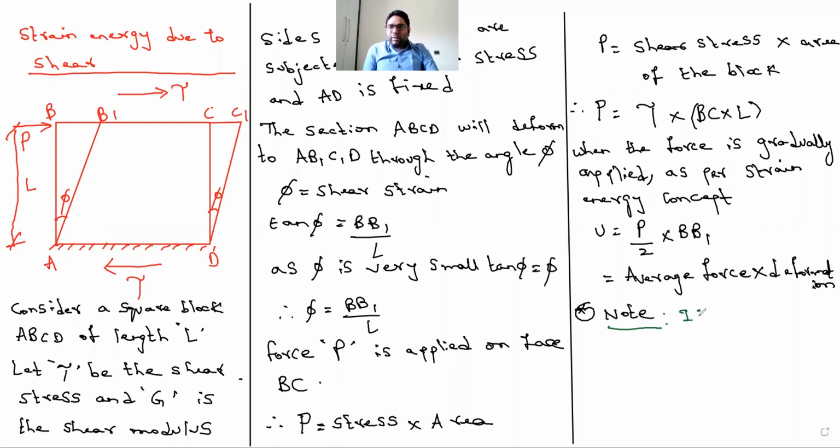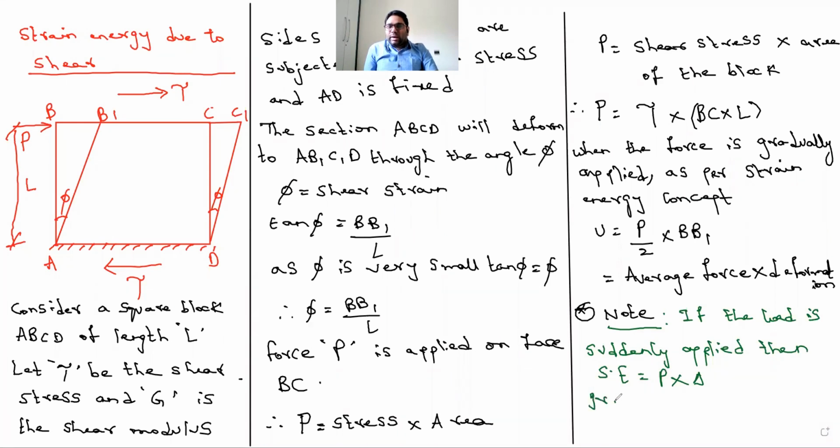If the load is suddenly applied, then strain energy is equal to P into delta.